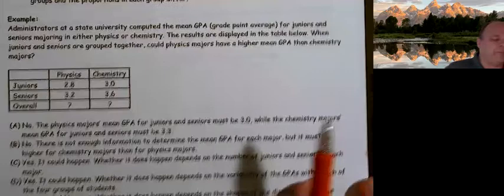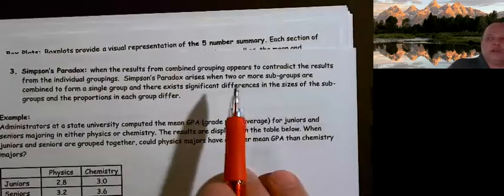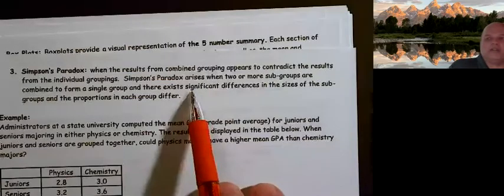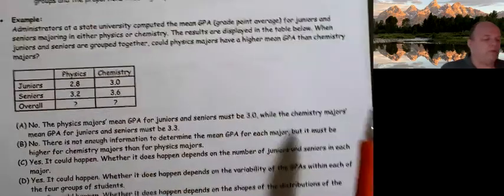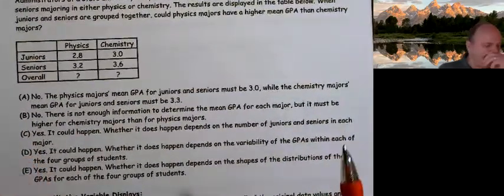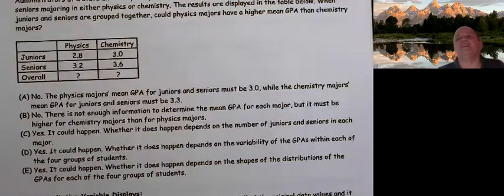Well, that could happen. Whether it does happen depends on the sizes of the subgroups, all right? So here we go. I'm going to try a couple things out. For ease, we're going to say that there are 100 juniors and 100 seniors, all right?